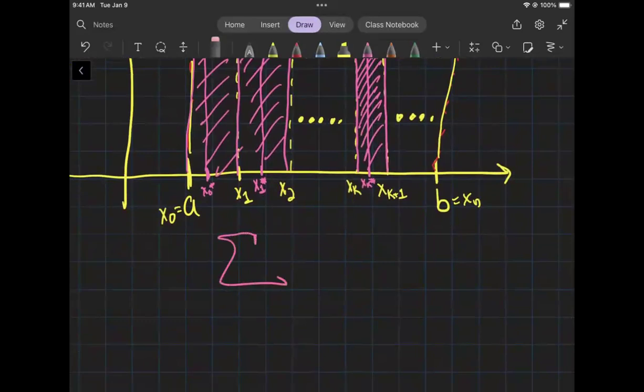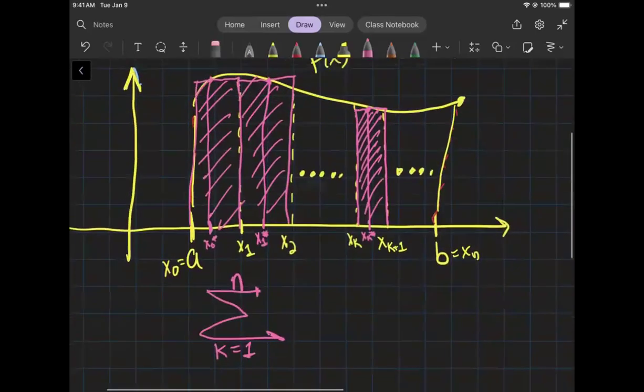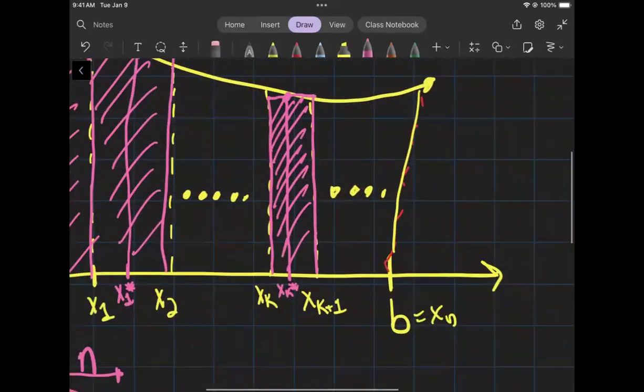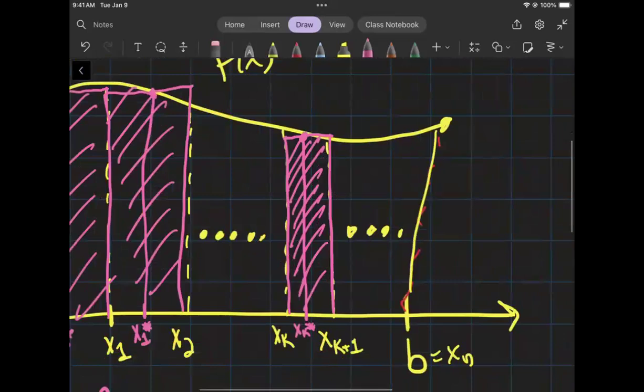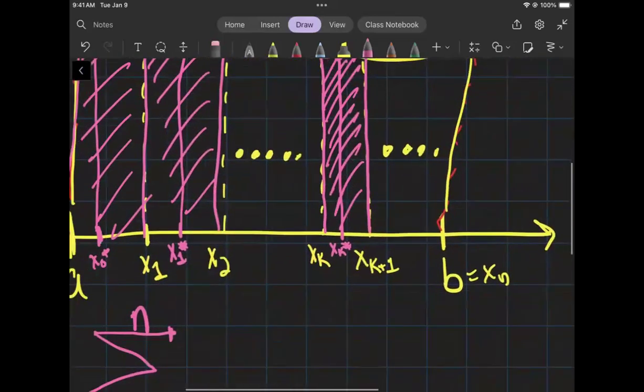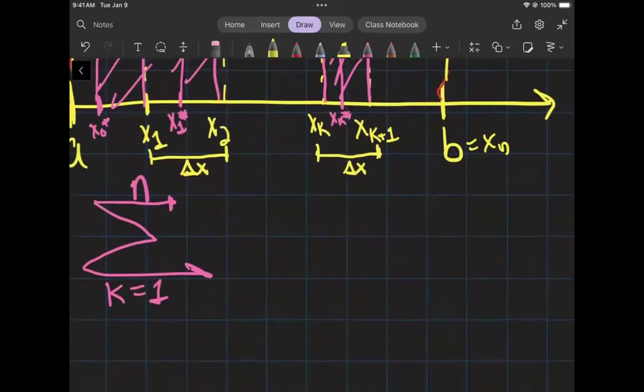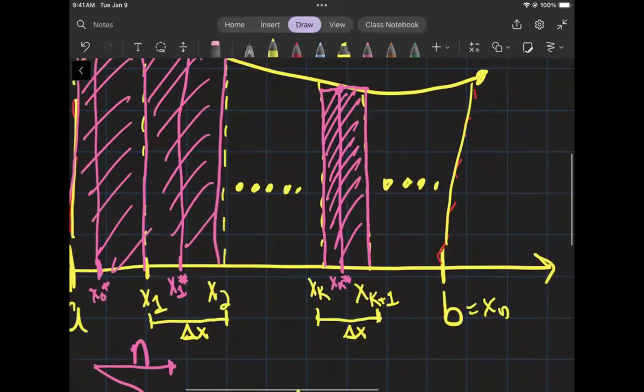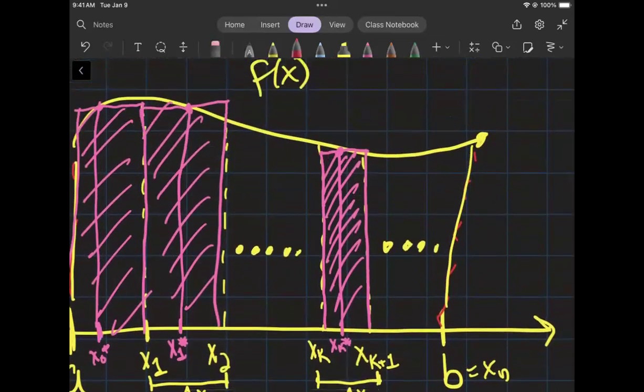This is capital sigma, by the way. What we're going to do is add up the areas of these rectangles. The area of a rectangle is the width times the height. These subintervals will have even length, so we'll call this delta x. The width is delta x, but the height depends on each of the points that we pick inside the subintervals, at x sub k star.